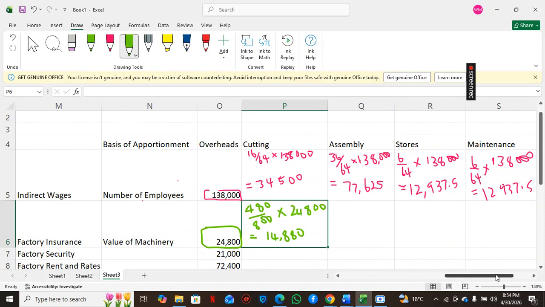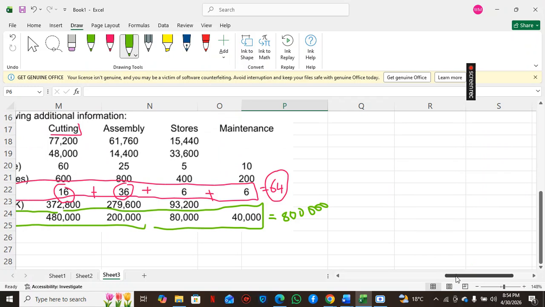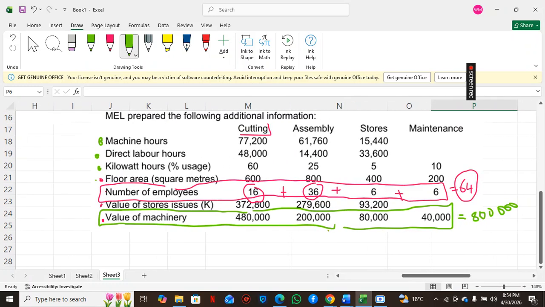Those who found other figures, what were you dividing by? Just do 480 over 800. You can ignore the three zeros at the end; in the exam, you don't write too many zeros. Just write 480 over 800, then multiply that by 24,800.